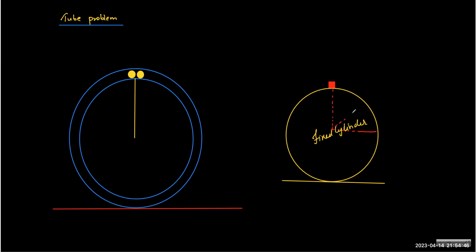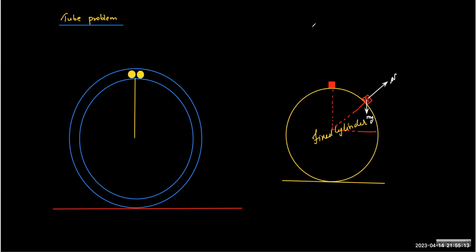If you draw the FBD first, we will write the mg, and the normal will act this way, right?